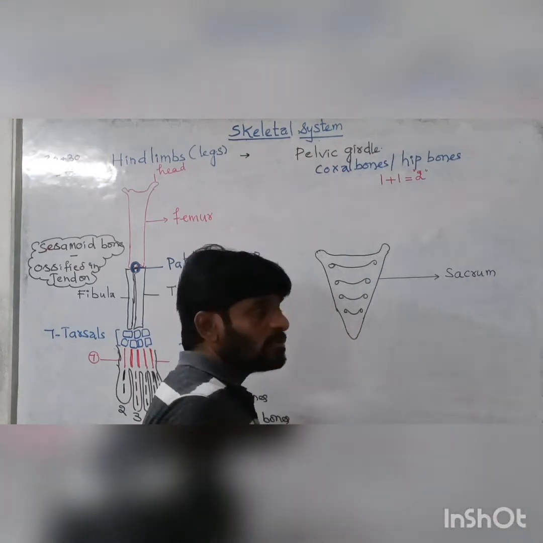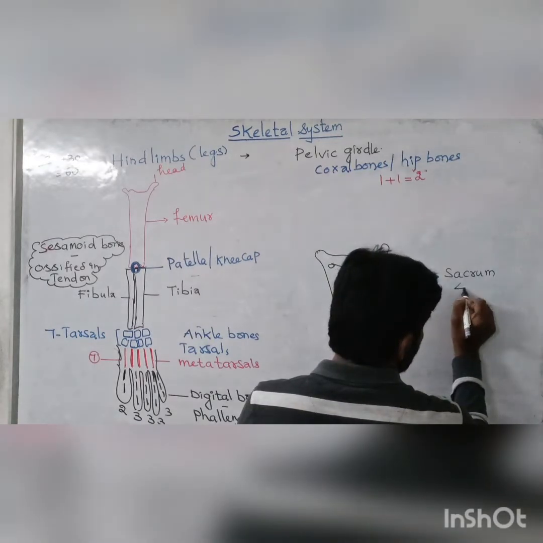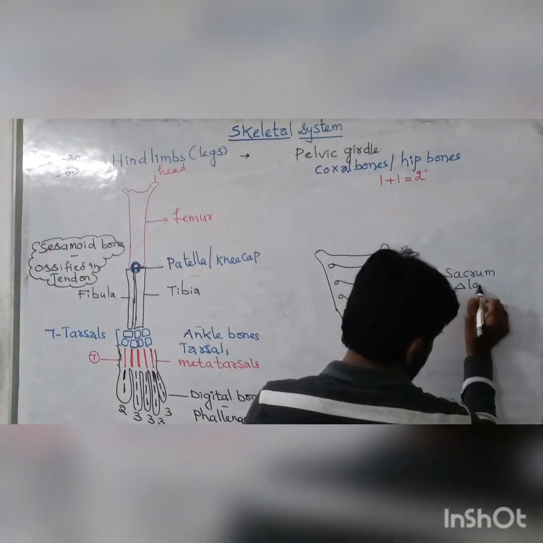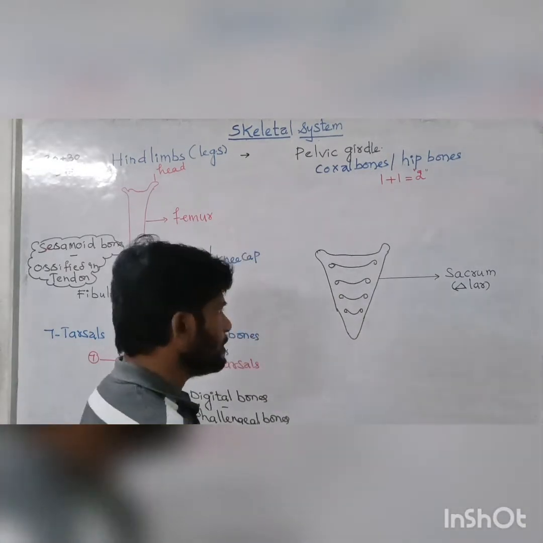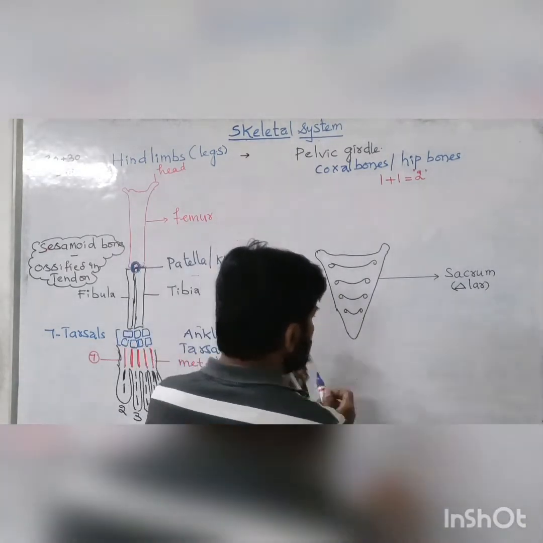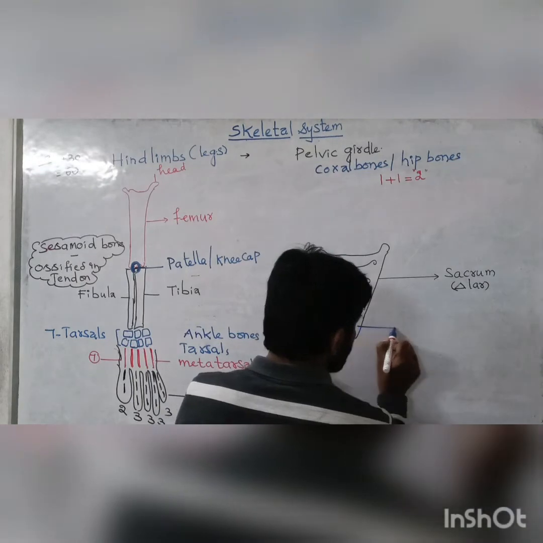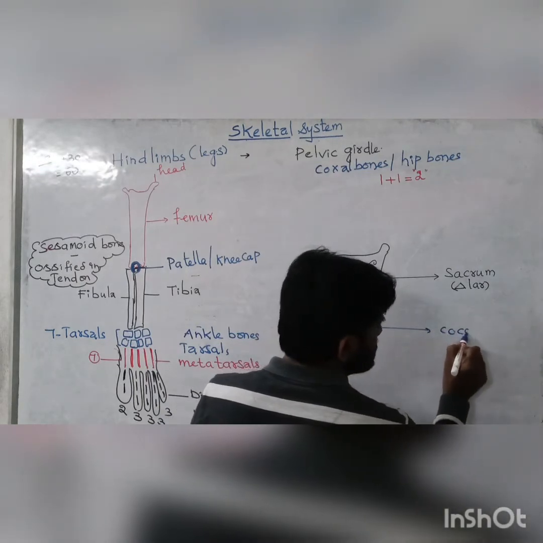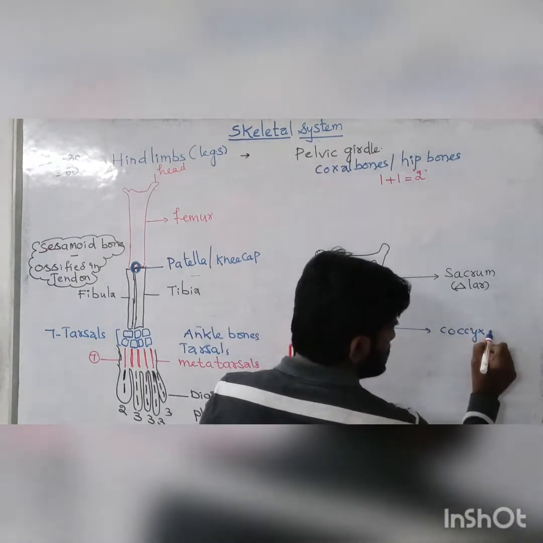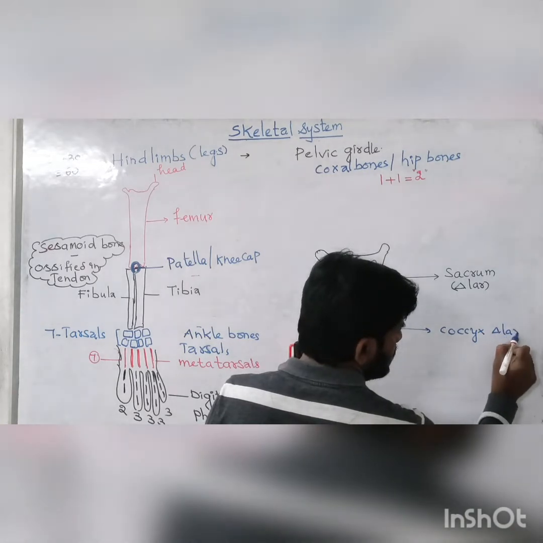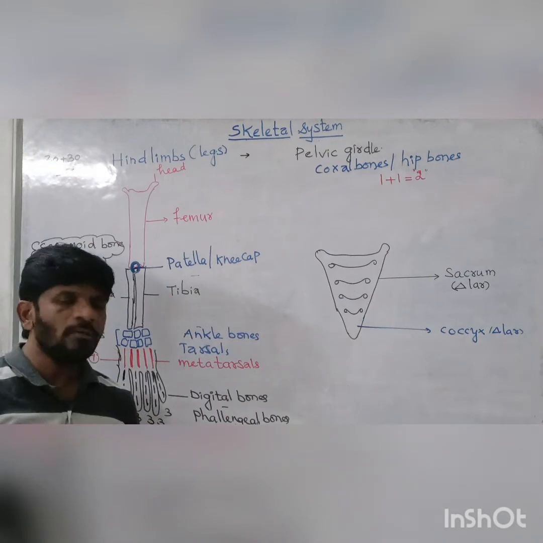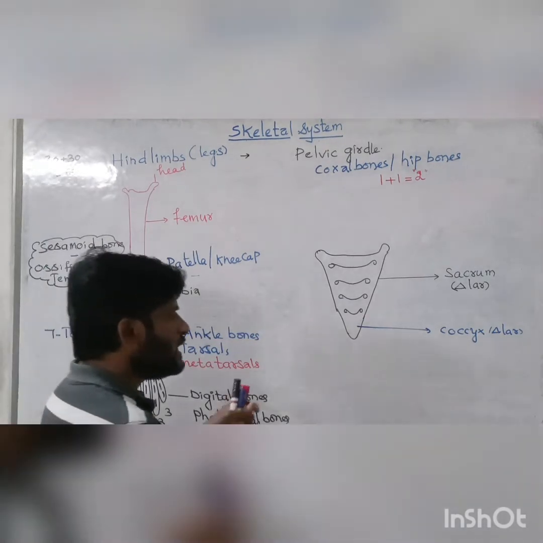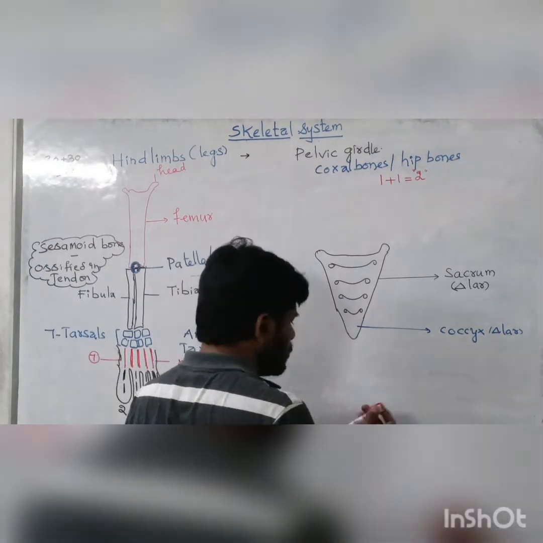As I explained in the previous classes, the sacrum is a triangular vertebra. It is fused from 5 vertebrae. After that, this is the coccyx, also triangular, fused from 4 vertebrae. This is the vertebral column. And coming back to the pelvic girdle, each half of the pelvic girdle contains a coxal bone.